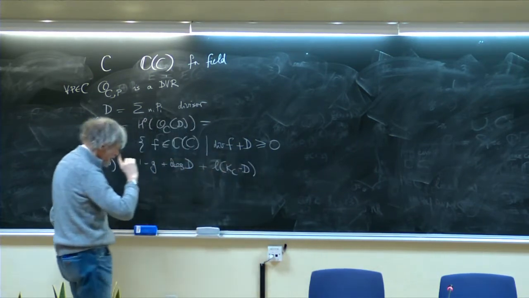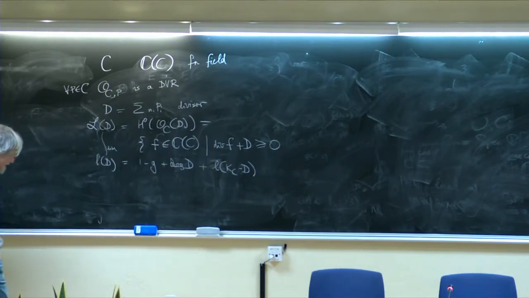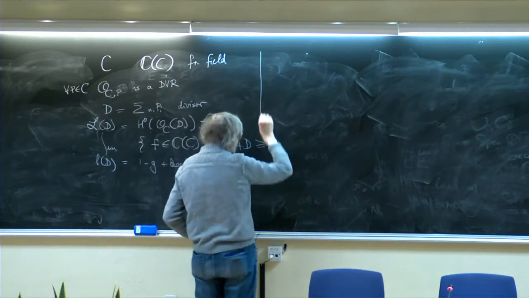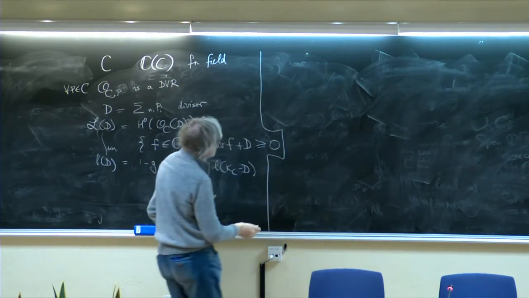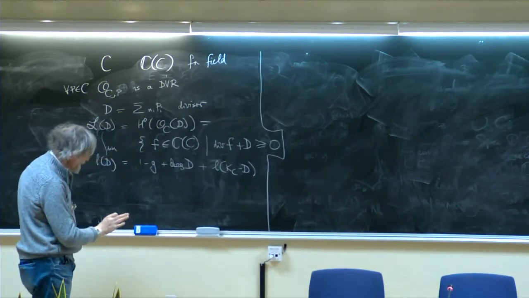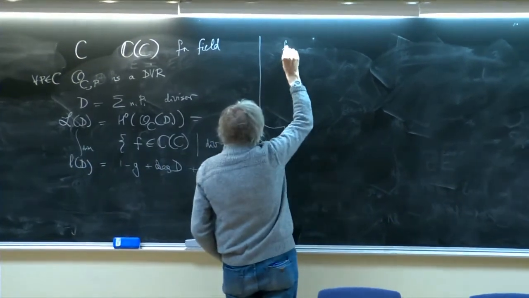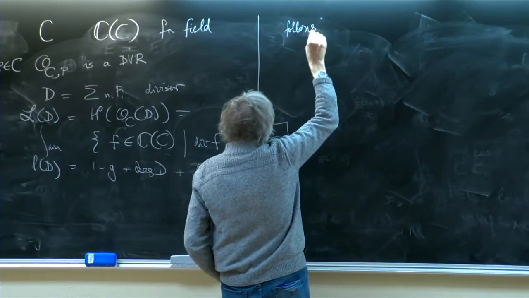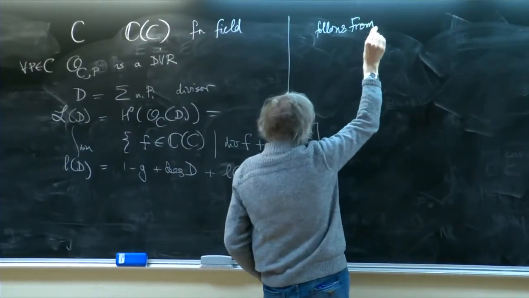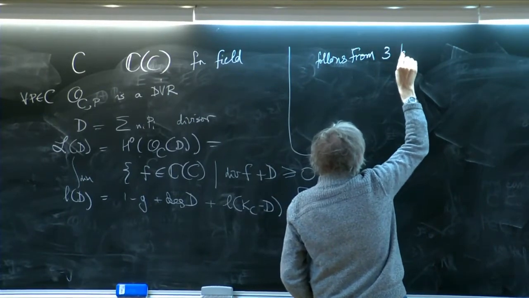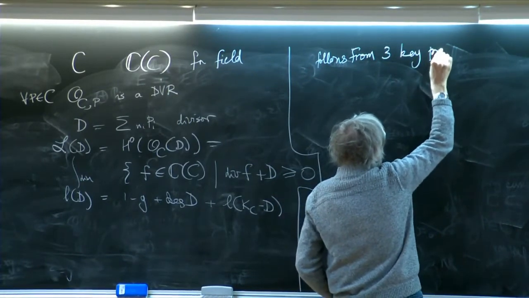So a kind of complementary or dual piece. And this holds for all D. So the place where I'm going to rush is, this follows from ordinary methods of arguments and 3 key propositions.